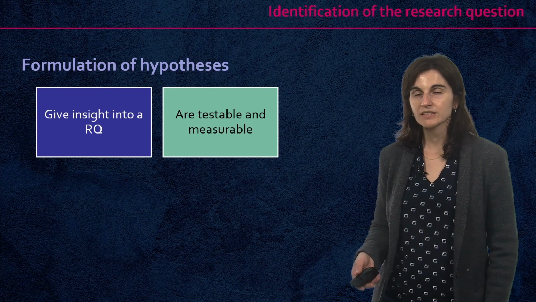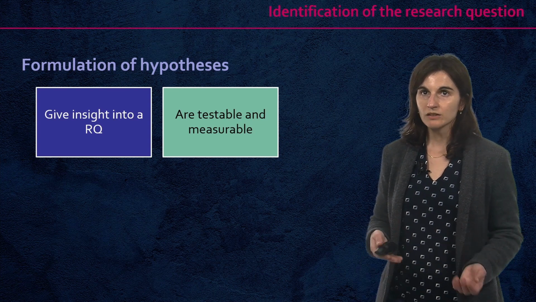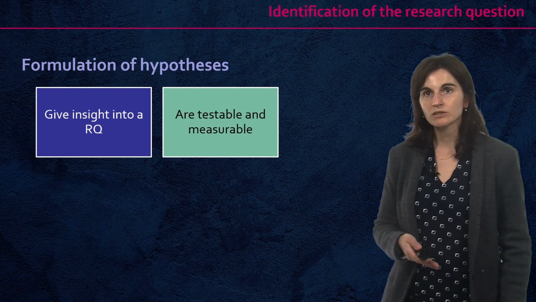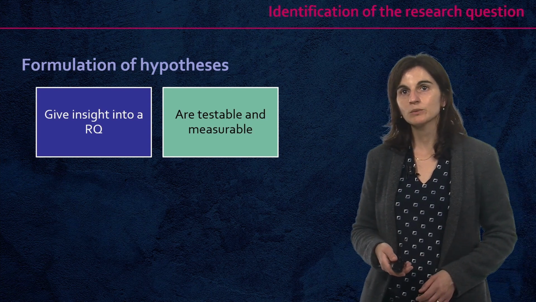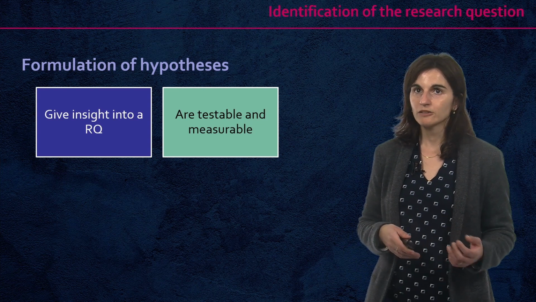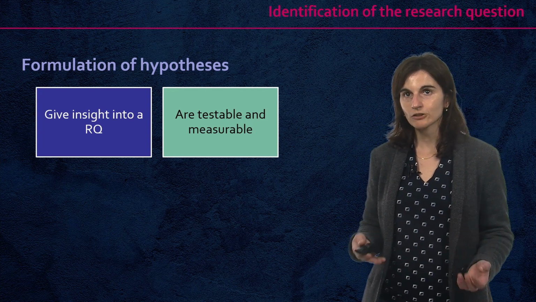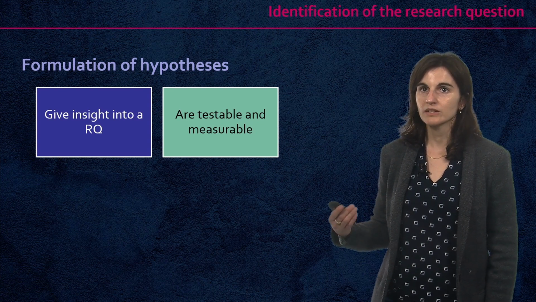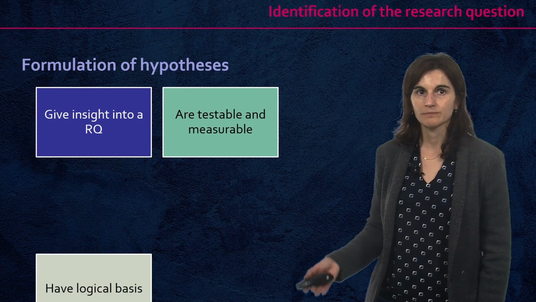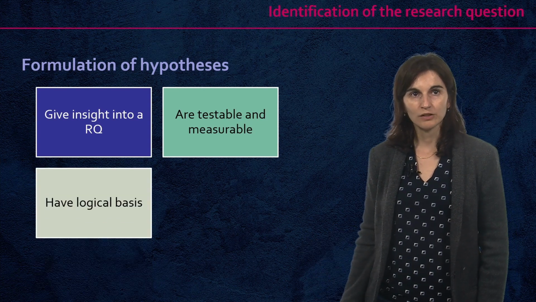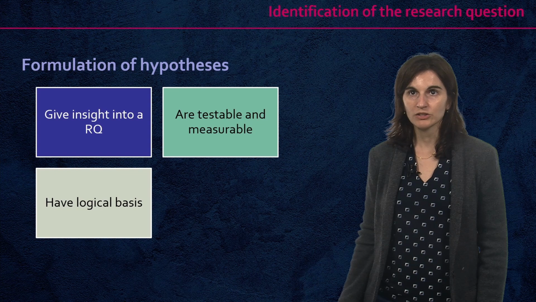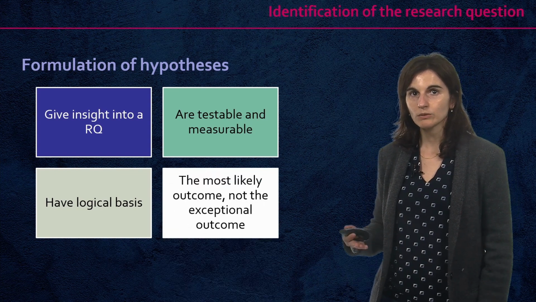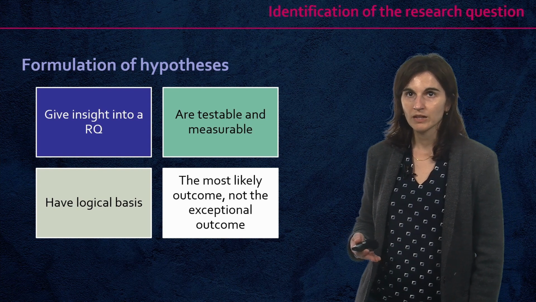The hypothesis states an expected result according to the state of the art in the literature, but it should also be written in a way that makes it easy to identify the variables or indicators that will help us test or reject it. A hypothesis should be based on a logical basis, and it should point to the most likely outcome.